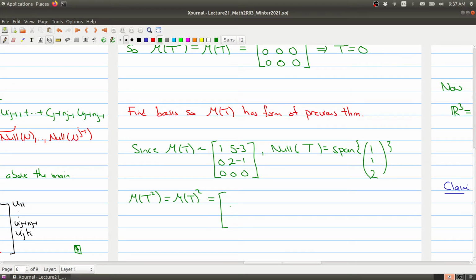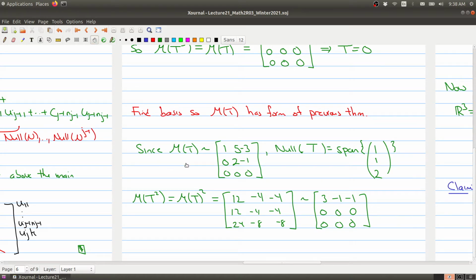You can crank this out any way you want, and you'll end up with this matrix. You can row reduce it, and you get 3, minus 1, minus 1, and 0, 0, 0, 0, 0, 0.